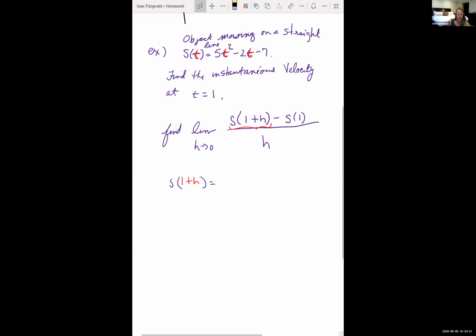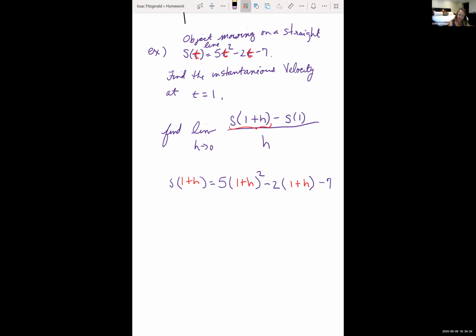We're first going to just put parentheses there. So first in this function, we have 5. Then you see a t here, so we're going to put parentheses to put in that whole expression 1 plus h. It tells me to square that, so square that parentheses, minus 2. We see a t here, so I'm going to put parentheses so that we can replace it in a second with 1 plus h, and then minus 7. So going back in here and replacing inside the parentheses, we're going to put 1 plus h.